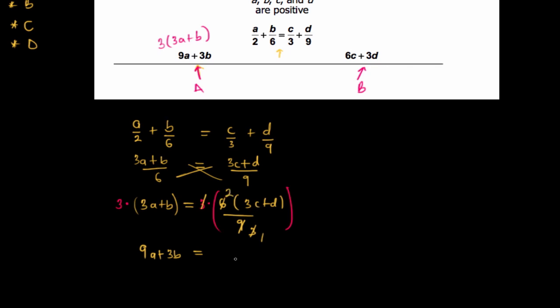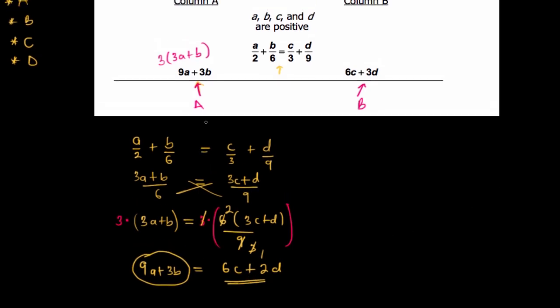So 2 multiplied by 3C gives 6C, plus 2 multiplied by D gives 2D. In other words, 9A plus 3B is the same thing as 6C plus 2D. This is what I have for my quantity A.